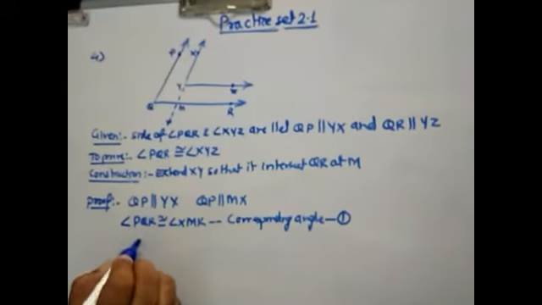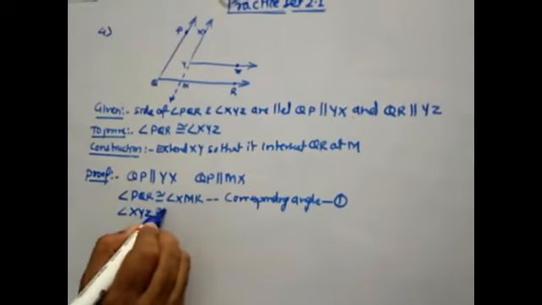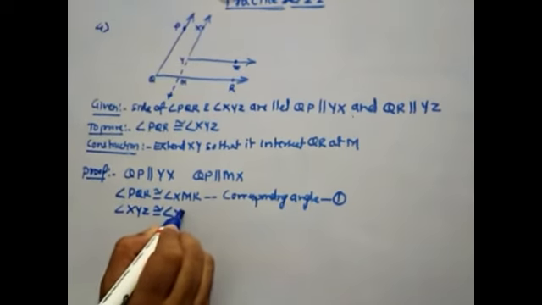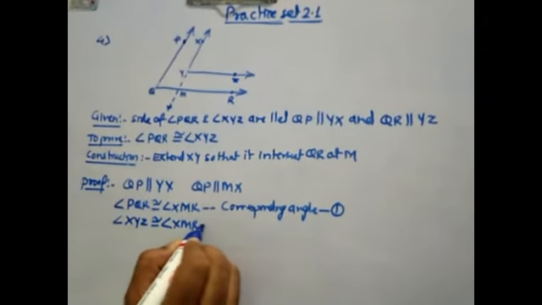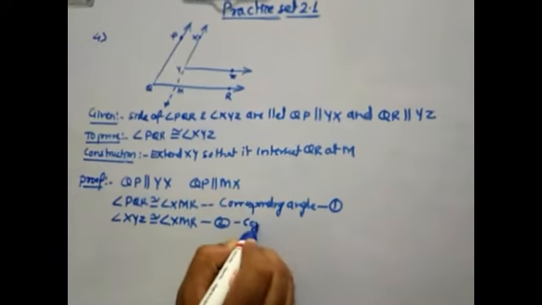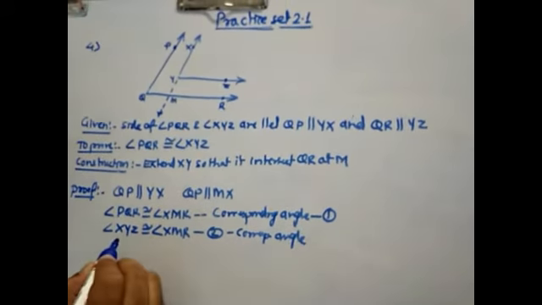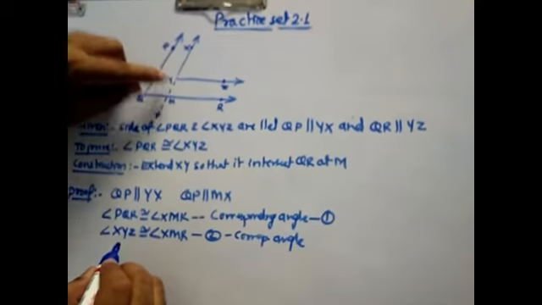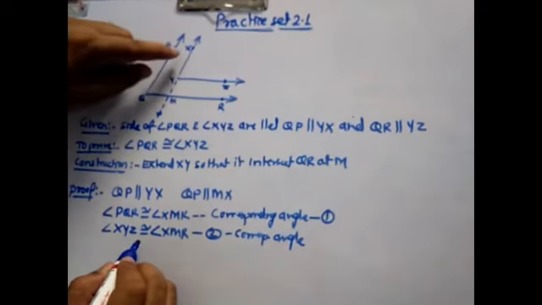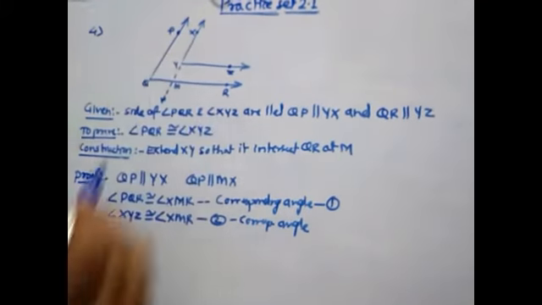Now write down angle XYZ is congruent to angle XMR. Equation number 2. So this is also a corresponding angle. See XYZ is congruent to XMR. These two angles are congruent angles.